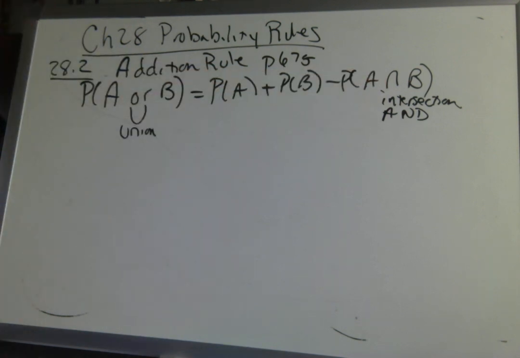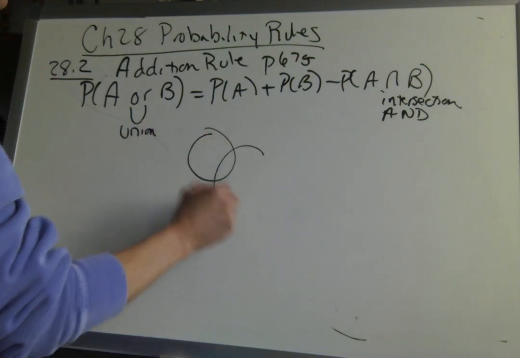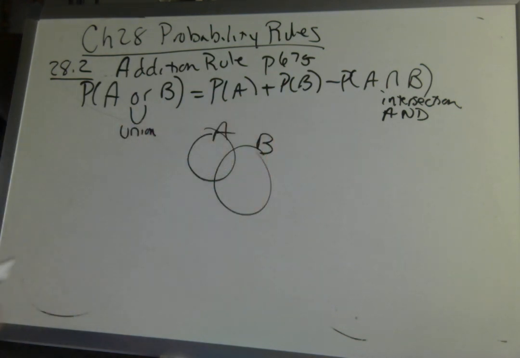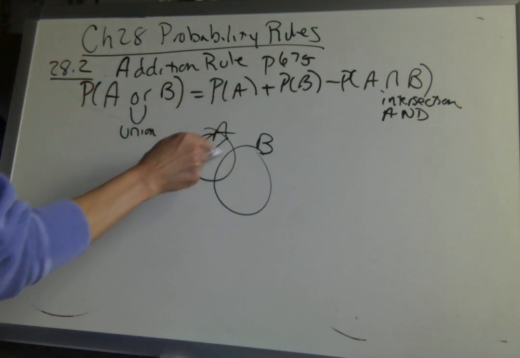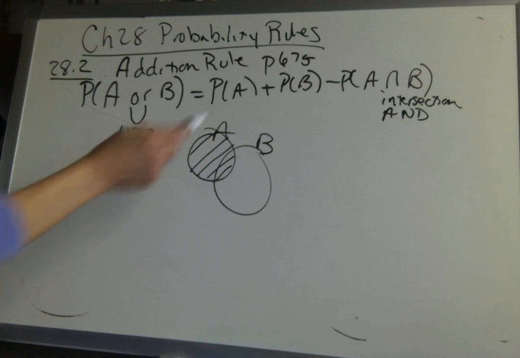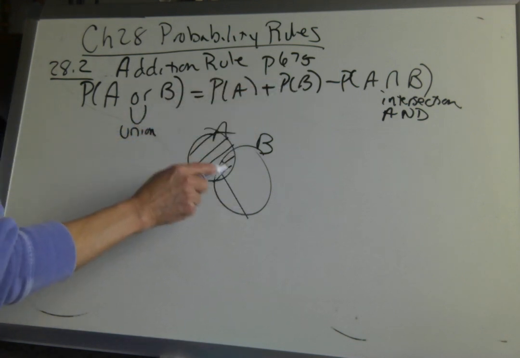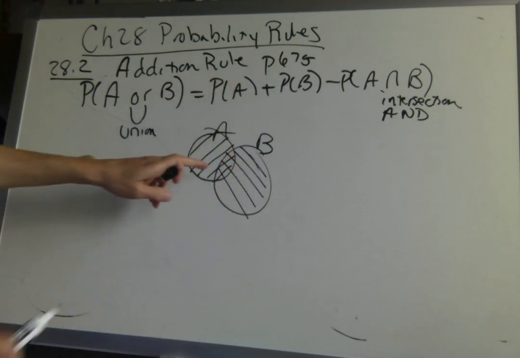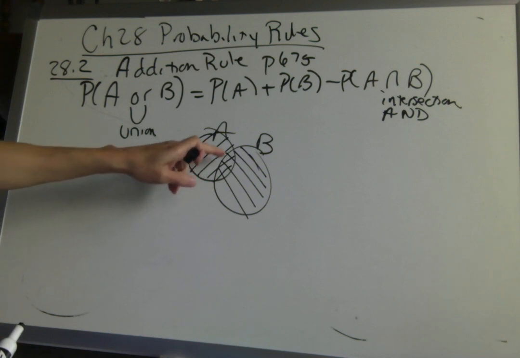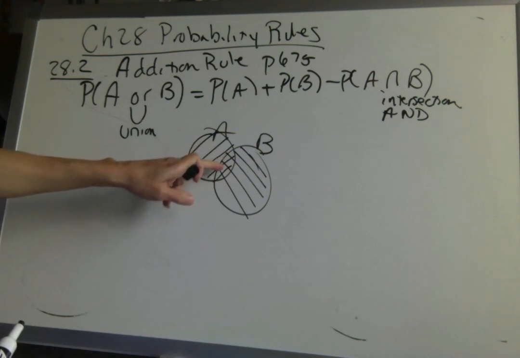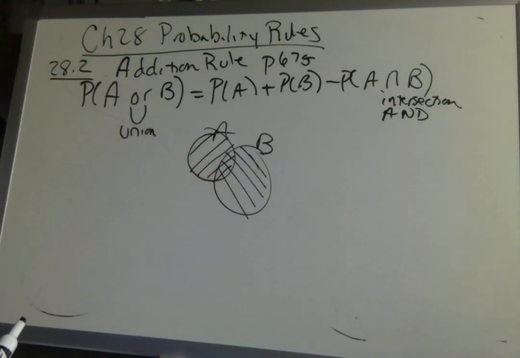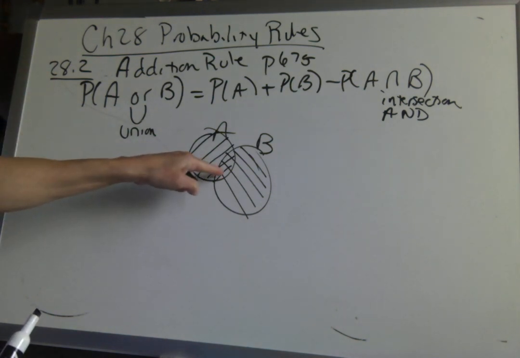This is always presented originally as a Venn diagram. You know, we'll put A here and B here. So A or B. So if I color in A, and then if I color in B, look what happened. I ended up double counting the intersection. The intersection is where both occur, right? I do want to count the intersection, but I don't want to count it twice.